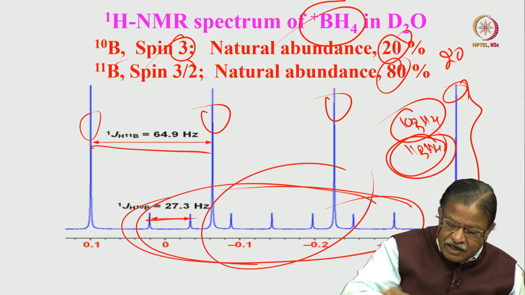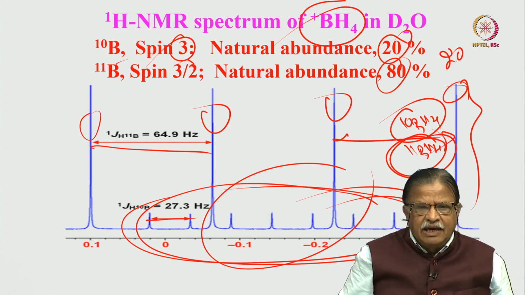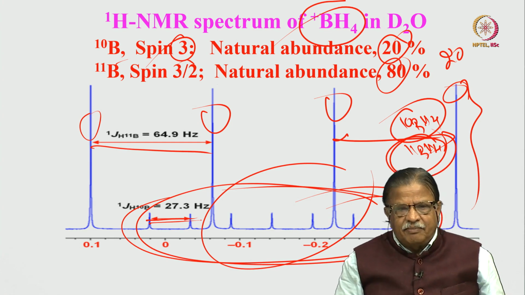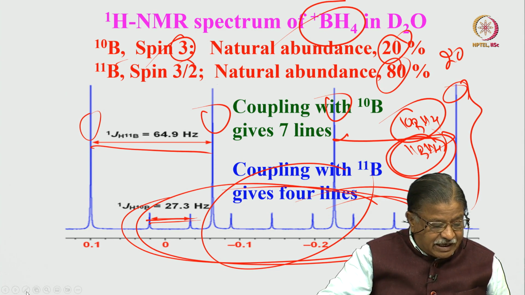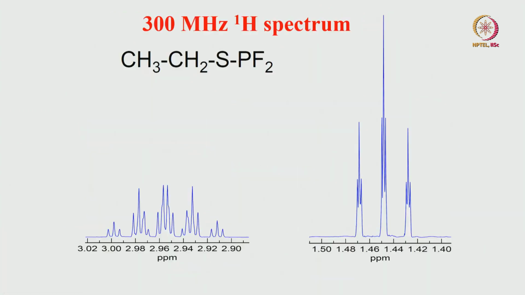As a consequence, the pattern is different. Measuring this separation gives you the 11BH coupling, this separation gives me the 10BH coupling. Okay, that is what it is. We got everything, so we can easily understand all those things. We will go to the next molecule.